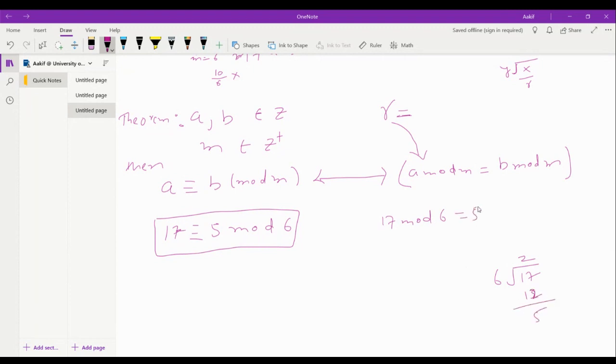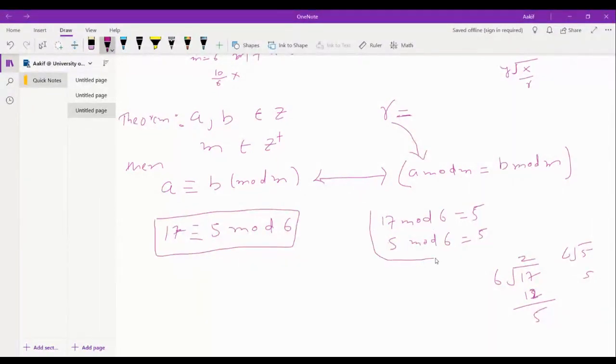So this is 5, and let's check it for B mod M. B in this case is 5. 5 mod 6 will be 5 again, because 5 is less than 6, so we get 5 as the remainder.